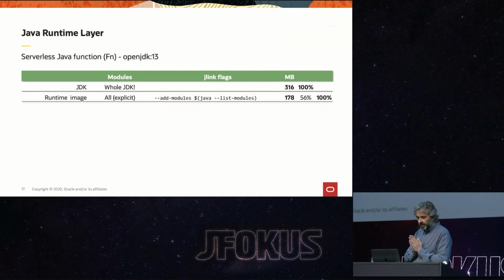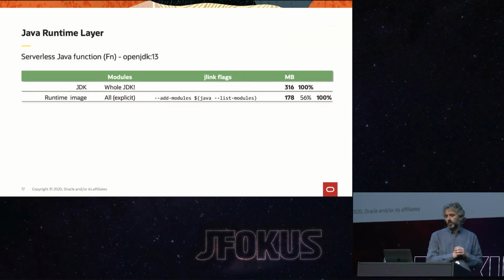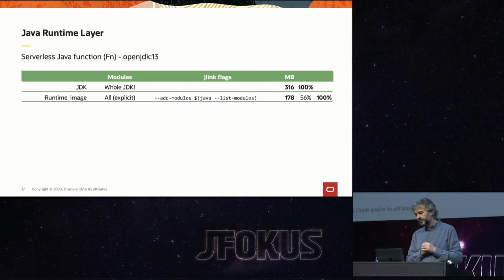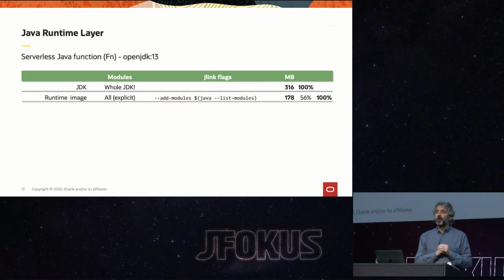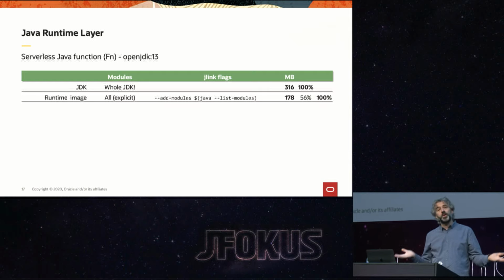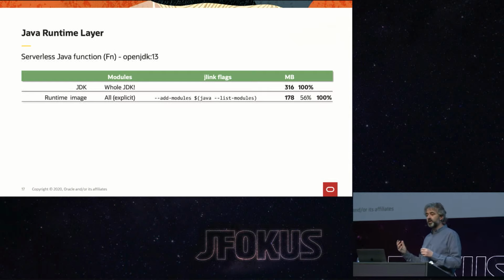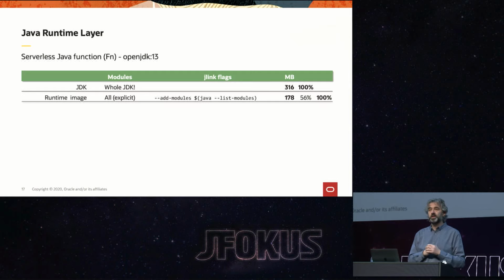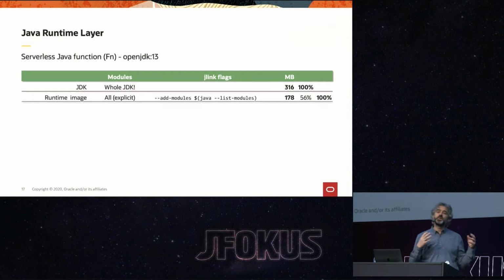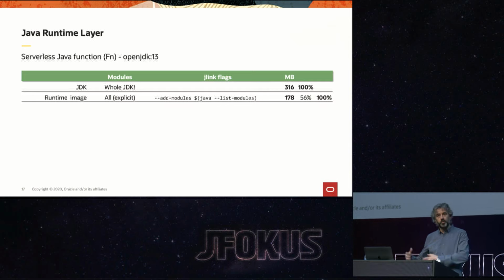If we do that, so that's what I did next. I created a custom runtime with all the modules. We go from 316 megabytes to 178 megabytes. So that's a huge win on one hand. On the other hand, it's very silly to create a runtime image that includes all the modules, because there is no way your code can use all the modules from the platform.